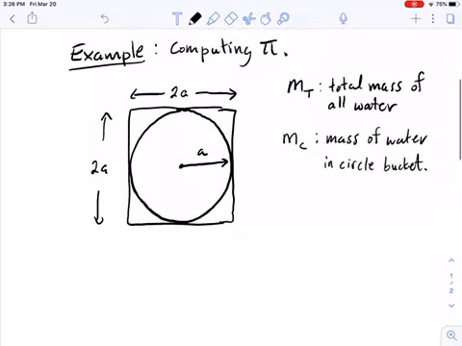So what you would think is that if you had a single raindrop fall onto these buckets, you could calculate the probability that it lands within the circular one.